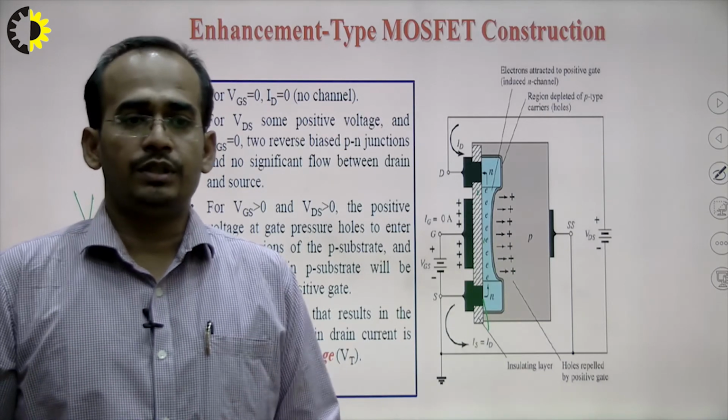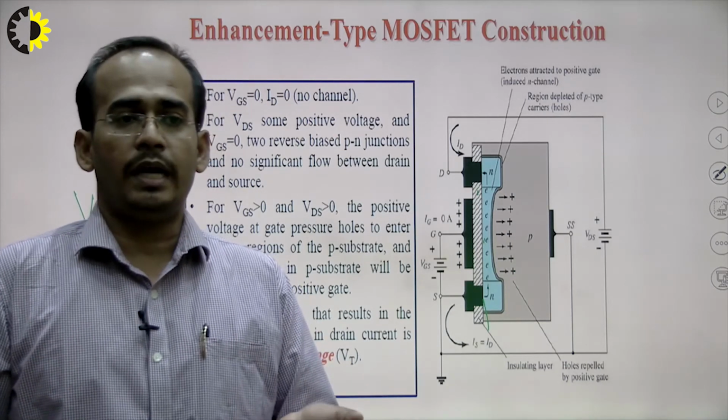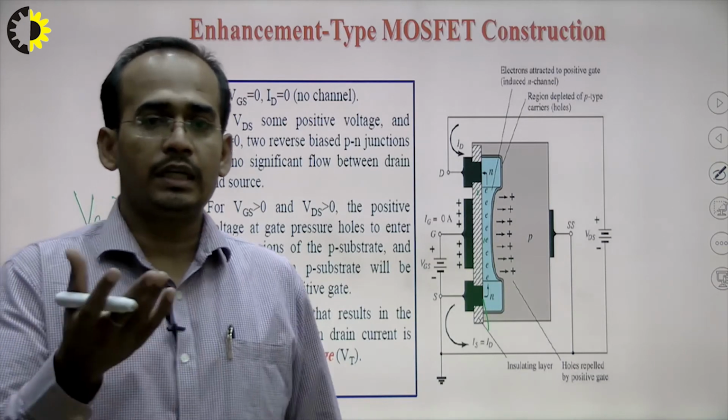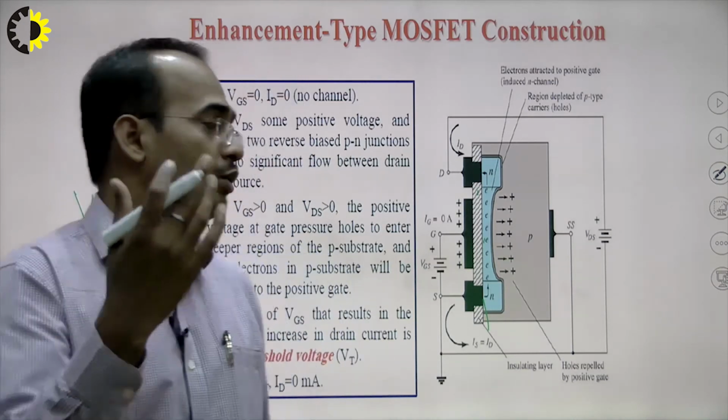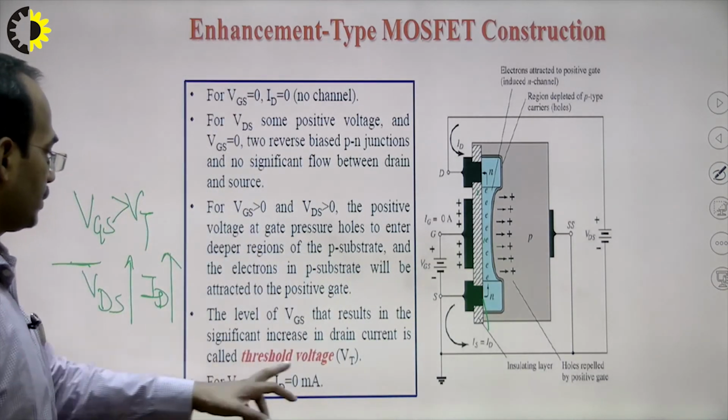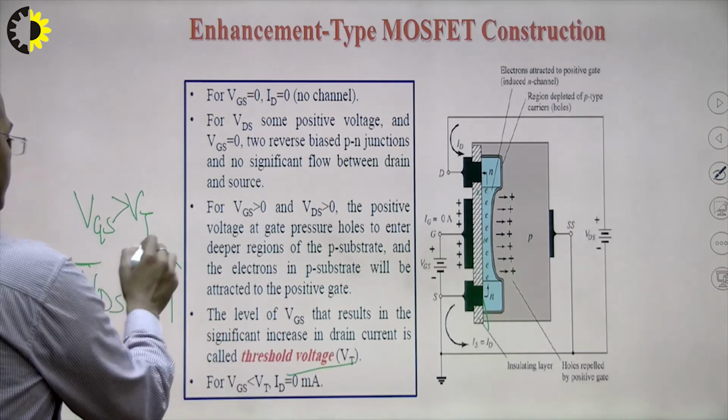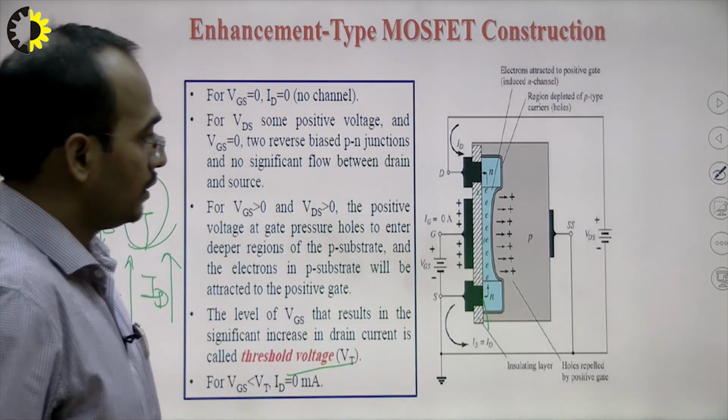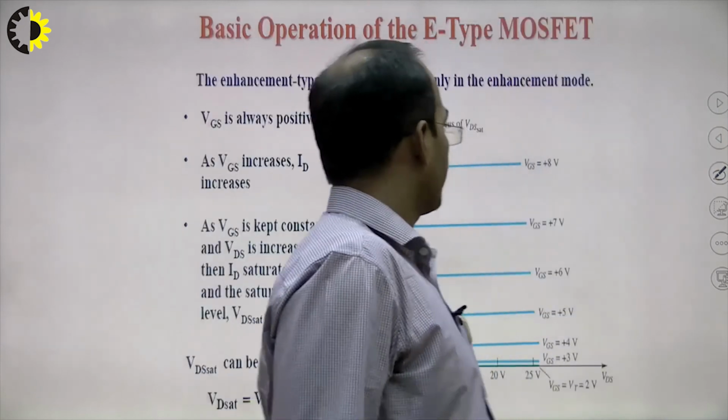The value of VGS at which a significant increase in drain current is observed is known as the threshold voltage VT. Now, come to the next condition.